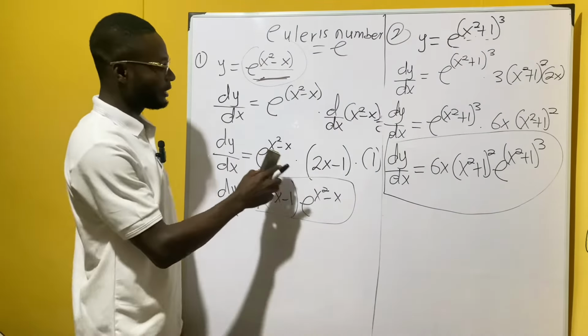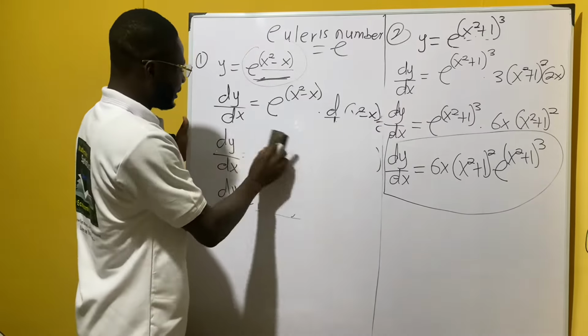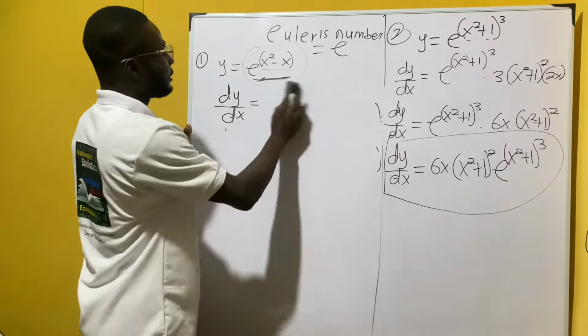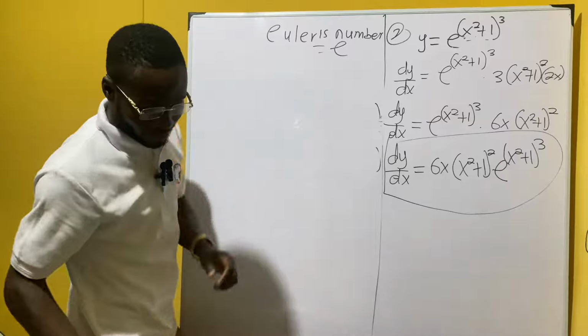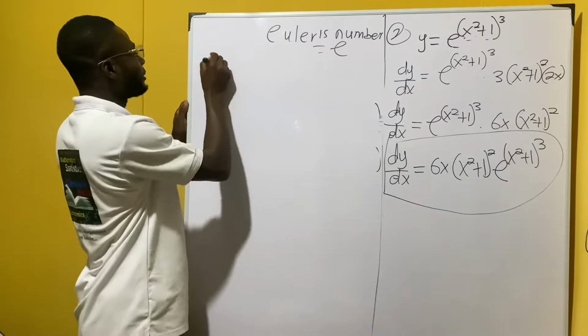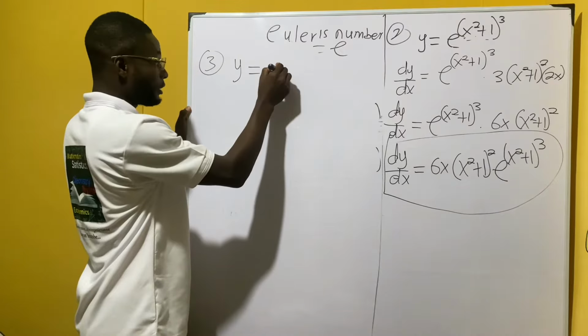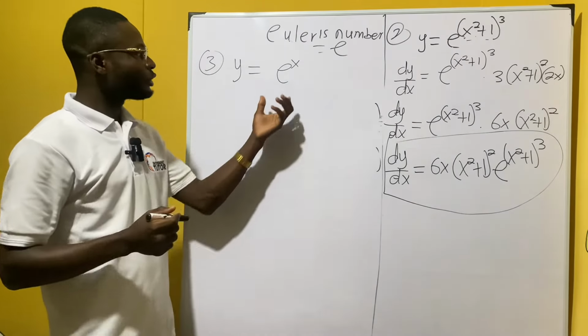So let's look at the third problem, and we'll get to know different types of questions on this particular topic. The next problem is 3, y equals e power x.